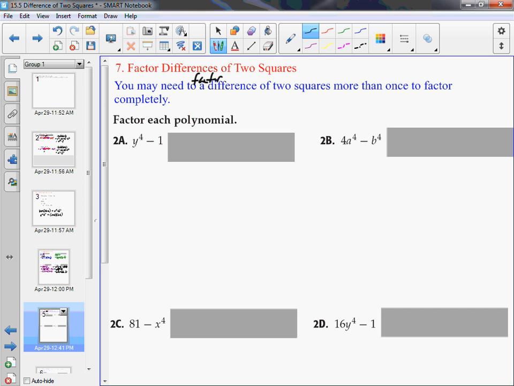Y to the fourth minus 1. Now that's not quite as recognizable as a perfect square as the ones we were looking at before, but isn't that the same thing as y squared squared minus 1 squared? Isn't y to the fourth y squared squared? So if it's not obvious, see if it's still a perfect square.